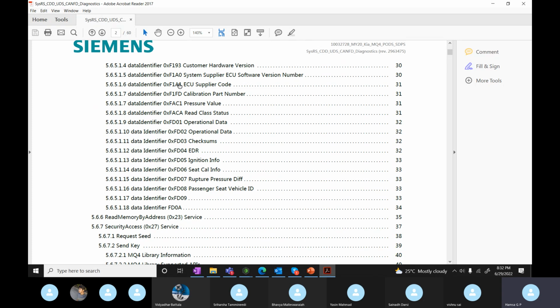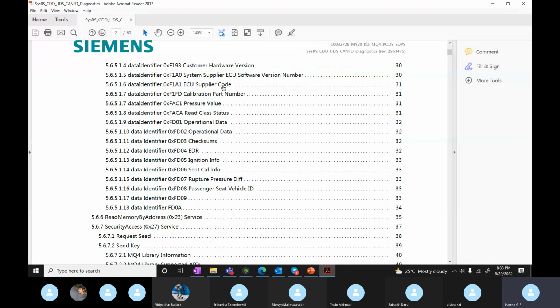As a UDS developer, you will just configure that particular memory address to this DID. See, this is the ECU supplier code, and as only a UDS developer, you will not know what that supplier code is. That will be present in the memory already, because you will receive the software from different companies based on the layers.